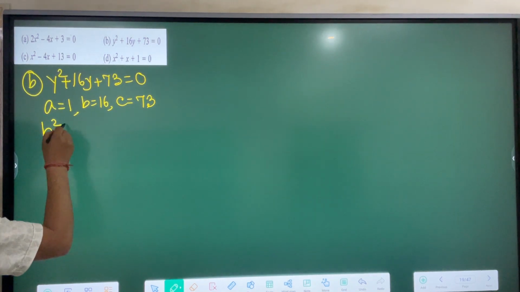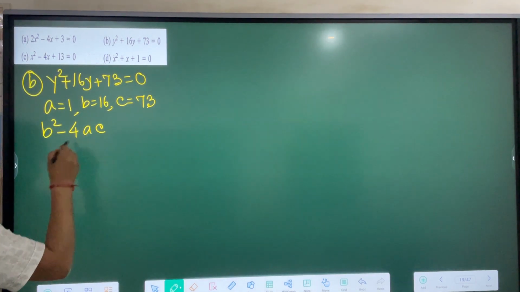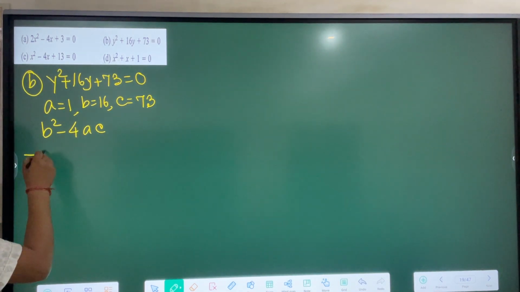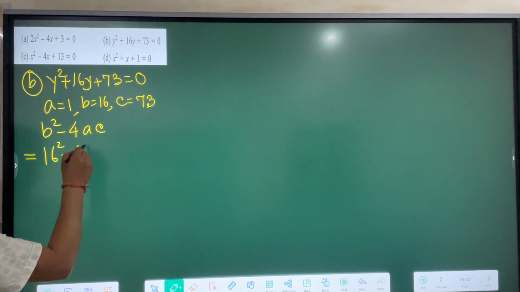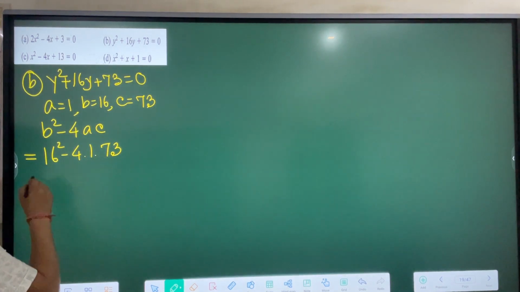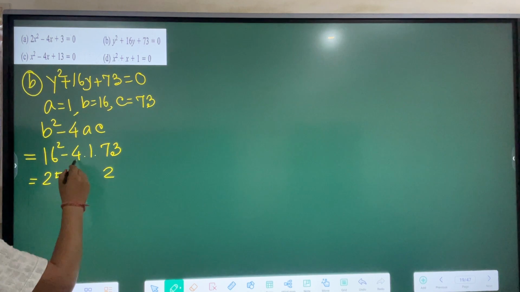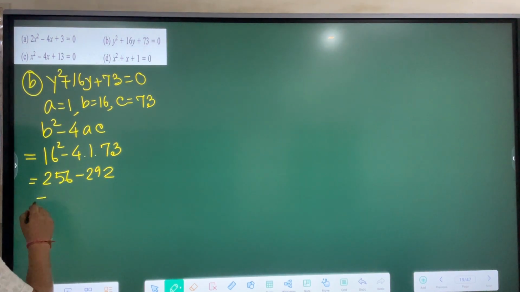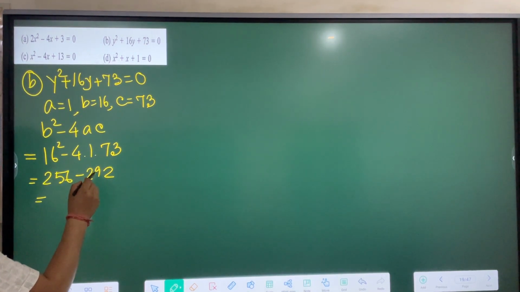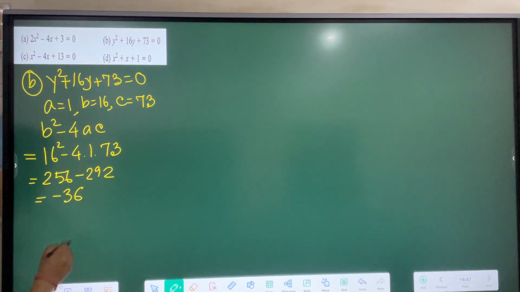So we will find out b square minus 4ac, the calculation. 16 square minus 4 into 1 into 73. 16 square is 256, minus 292, which gives minus 36, less than 0. Just do the calculation, nothing else.